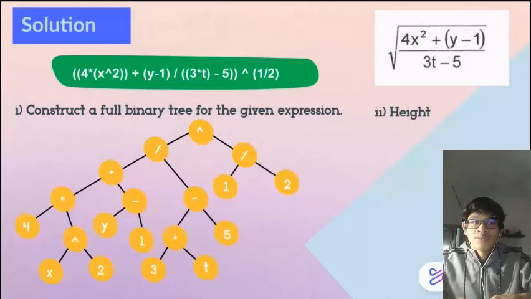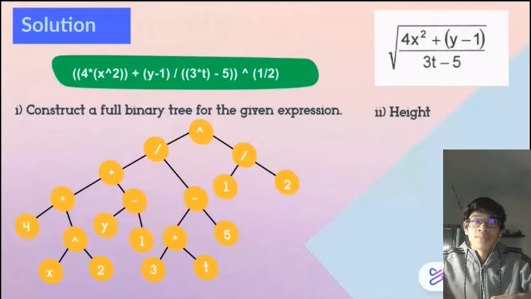So we go back to the multiplication node. On the left side, there will be a leaf filled with number 4, and a power node will be on the right side as another child for the multiplication node.